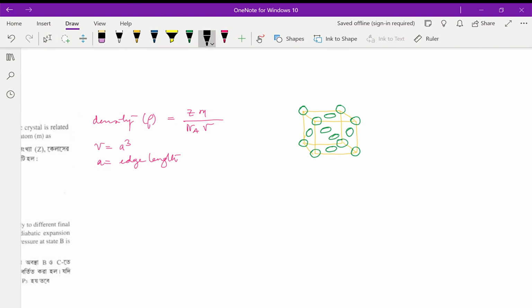All the spheres over here, this is the face diagonal. Now these are face diagonal, so all the atoms over here are touching each other. So what we can think out here is that there is a square.